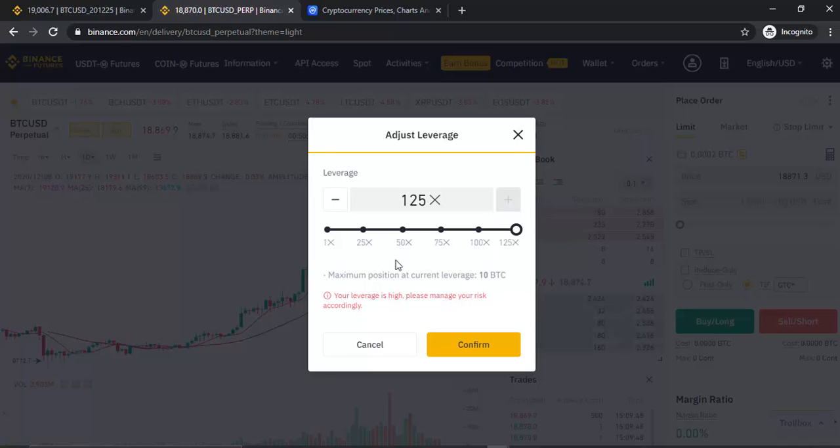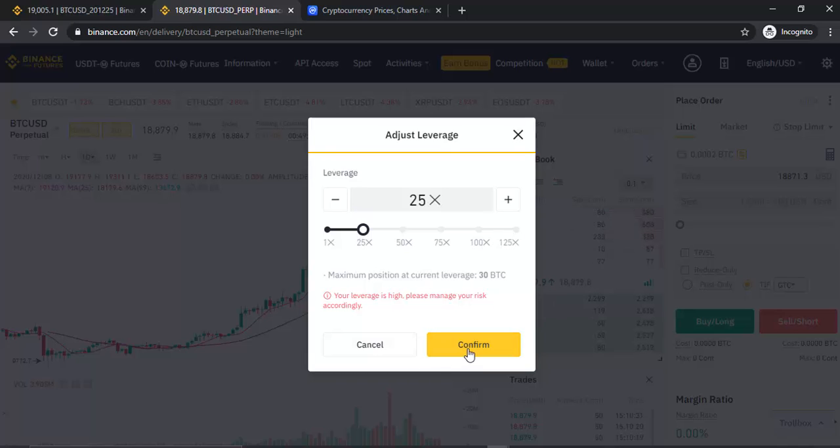Like I said, it's good you manage your risk very well. Only trade on the highest leverage on the amount you can afford to lose. If you are not very sure of your technical analysis, or if you have not done your analysis very well, try to manage your risk. Therefore, we are going to choose 25 on this instead of 125.